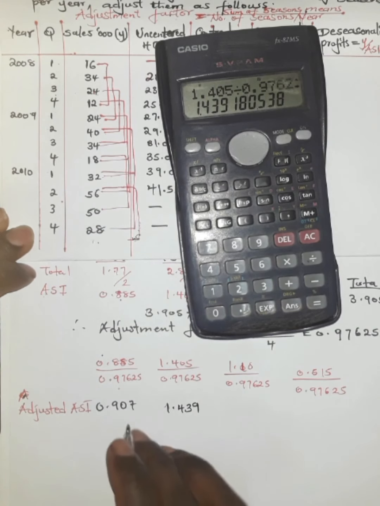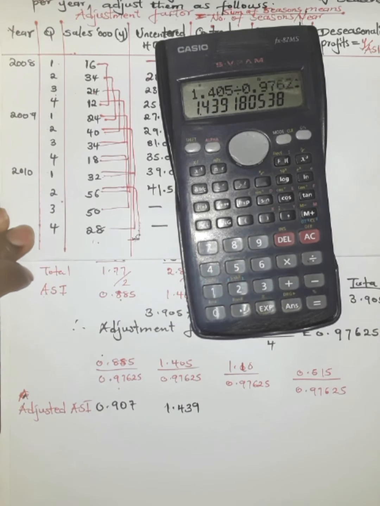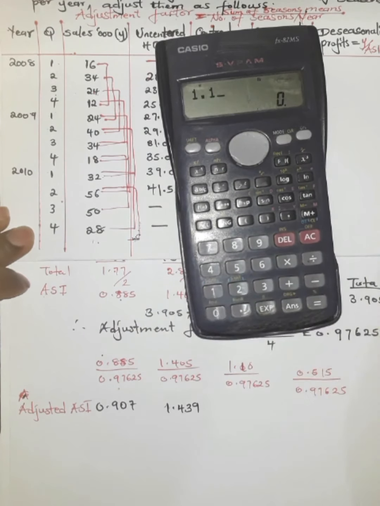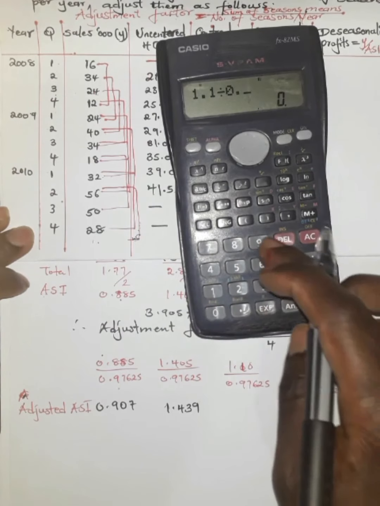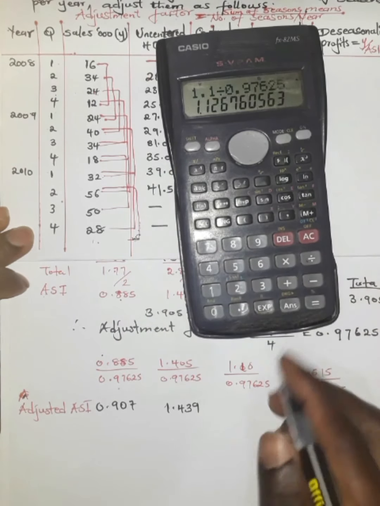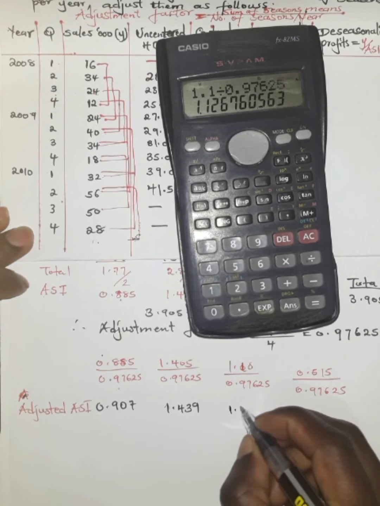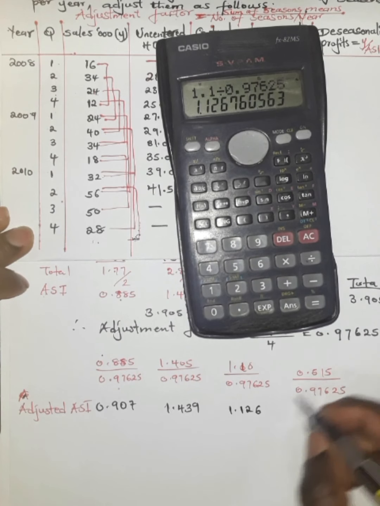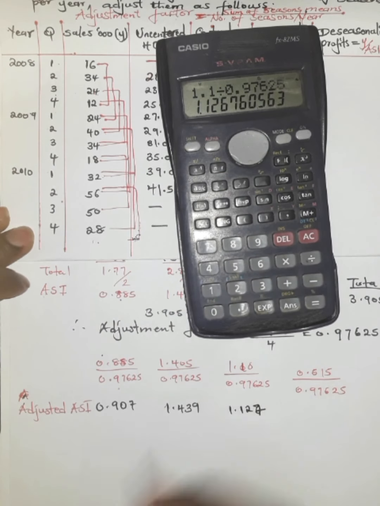We can round off the answer to 3 decimal places. Then we talk about the next one, which is 1.1 divided by 0.97625. We get 1.127, rounded off to 3 decimal places.